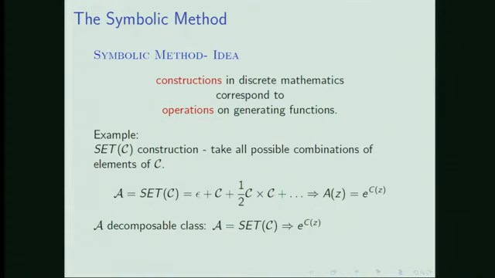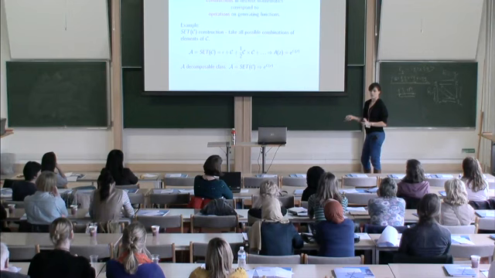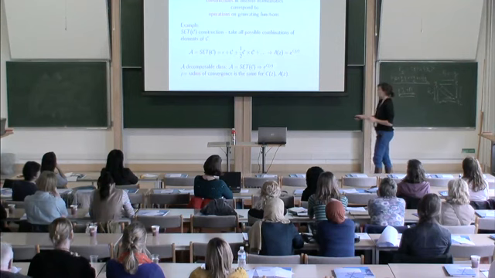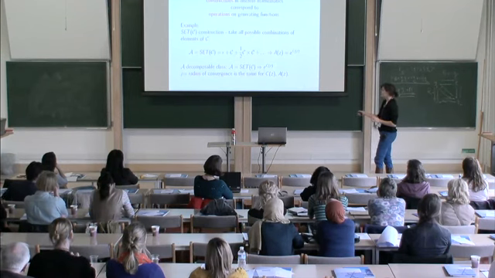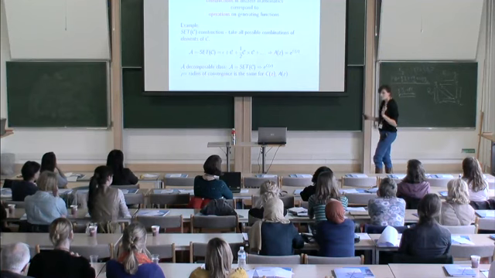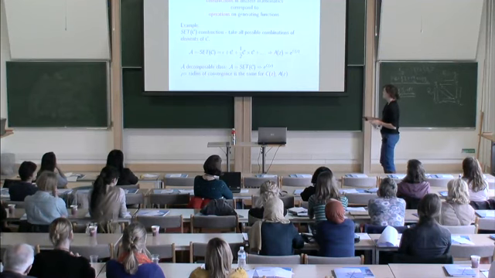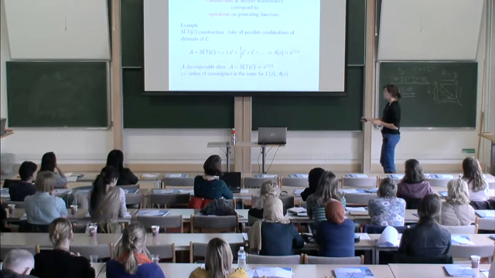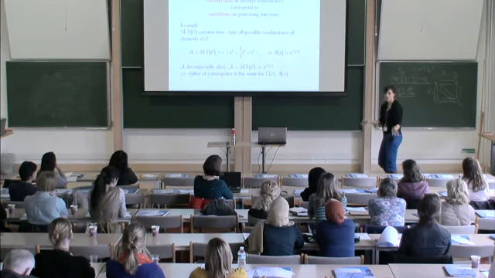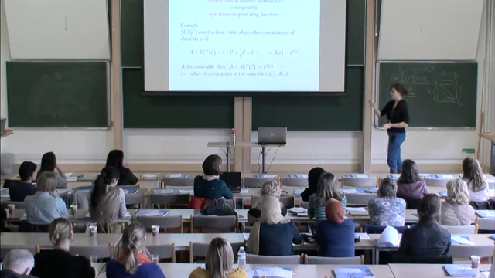And that translates, in terms of the generating function, so that if the generating function of my connected structures is C, the generating function of all the structures is just the exponential of the connected function. And obviously, then you already observe the first thing, that the radius of convergence of this one and this one is going to be the same. And therefore the exponential growth of a decomposable class and its connected structures is going to be the same. So they're only going to differ in the sub-exponential part.